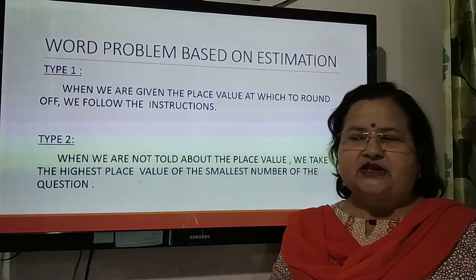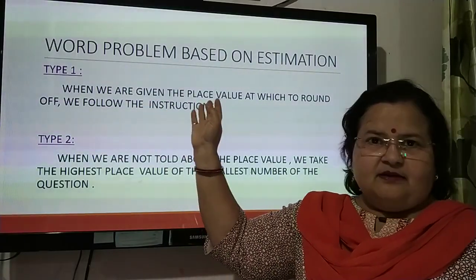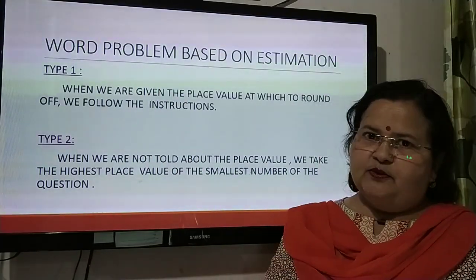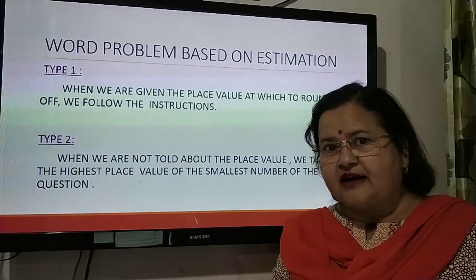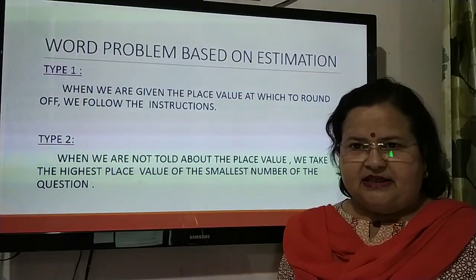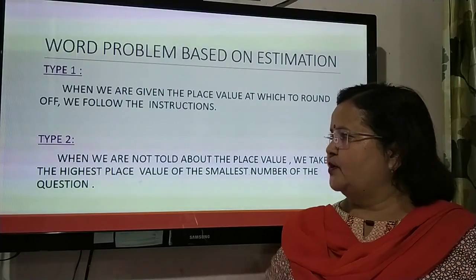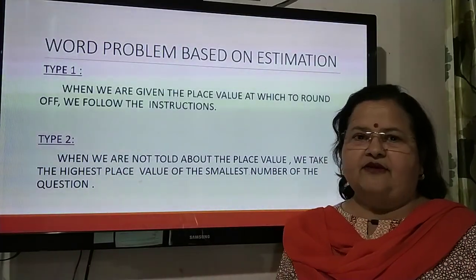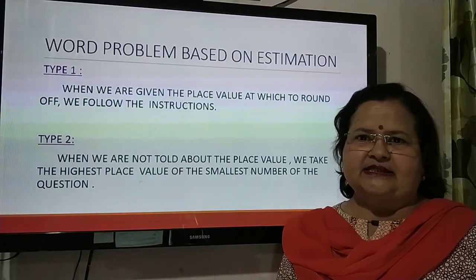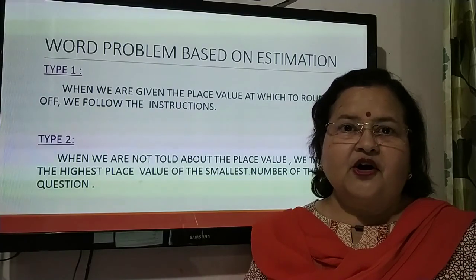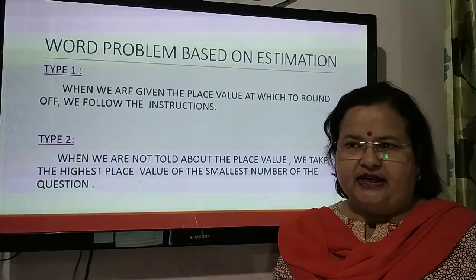That means if the question says find the sum or the difference by rounding off to so and so place, then you will round off the number at that given place. But there is some other type of word problems also, wherein we are not given the place value at which we have to round off. It simply says estimate the difference between the two or estimate the sum of these two things or three things.